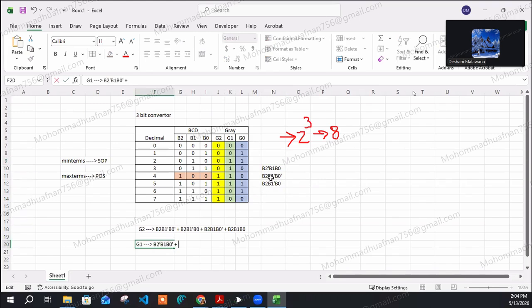So plus, so for this one, one also should be there.